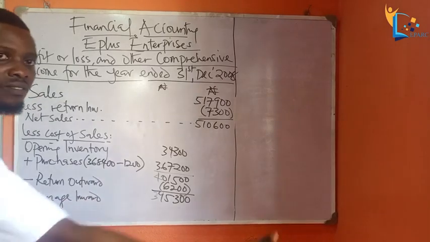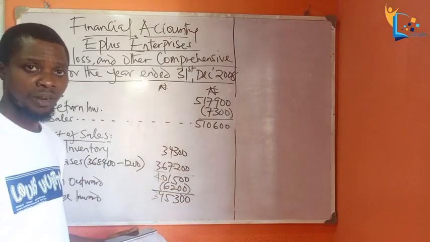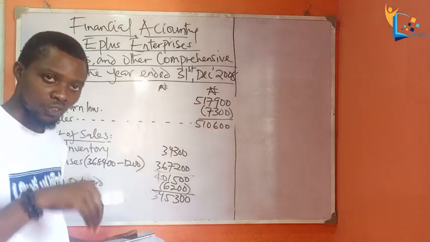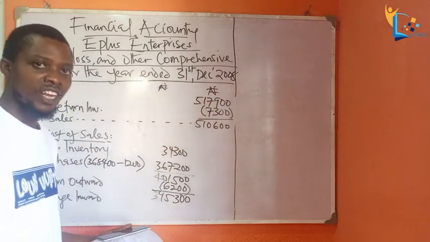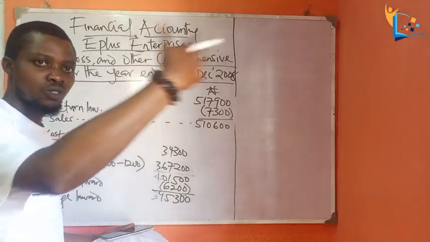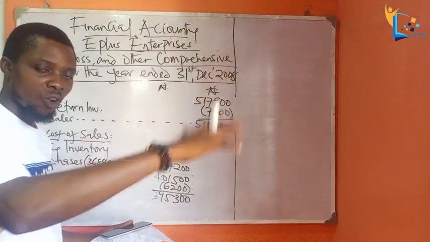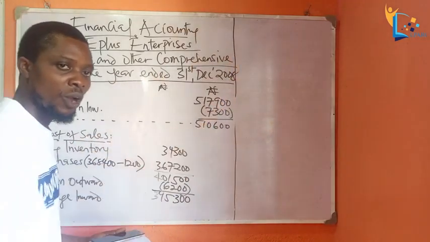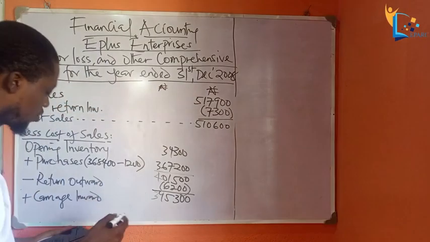Carriage inward is the cost of bringing your goods into the warehouse or your business premises. Carriage outward is when you take your goods out to supply or to sell. Once the goods leave your premises or warehouse, it's outward; when you bring in, it's carriage inward. Are we together?